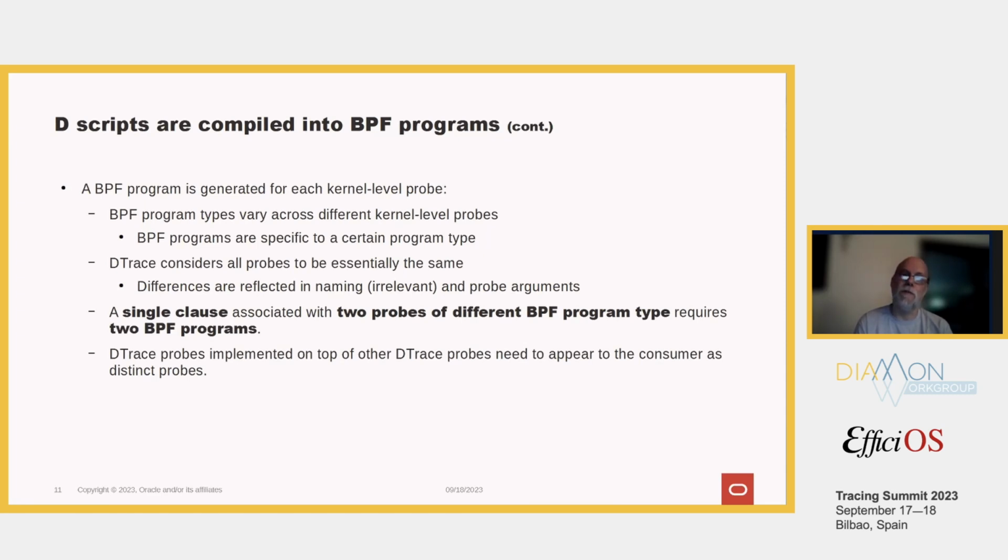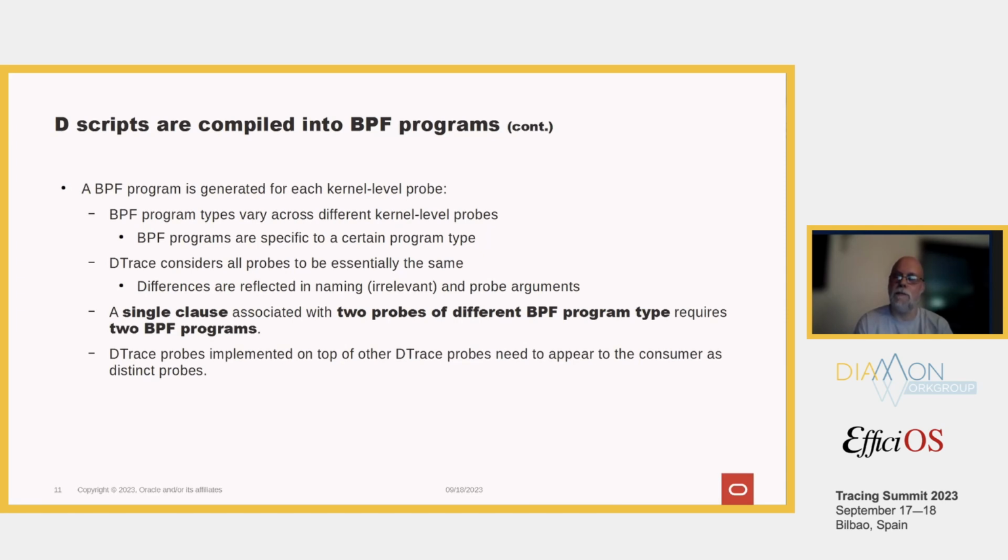And that becomes a problem for us because in DTrace, there is a very strong concept of a generic probe. All probes are essentially the same thing. There might be differences in naming, obviously, but the probe arguments are where things really show. But the way a probe acts is exactly the same.